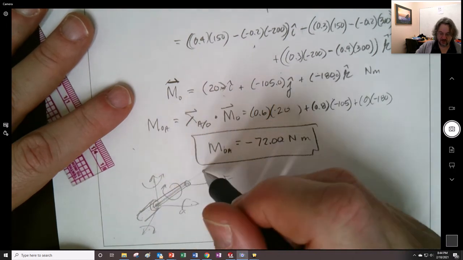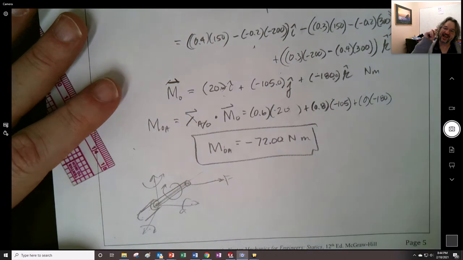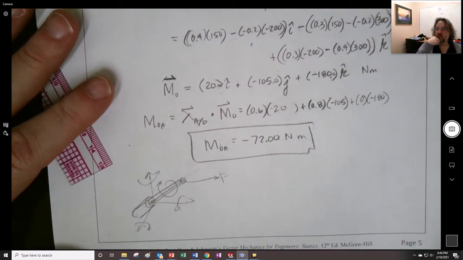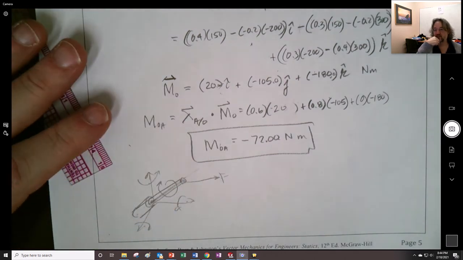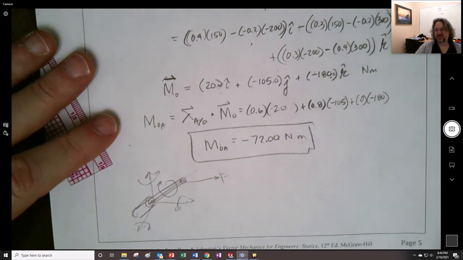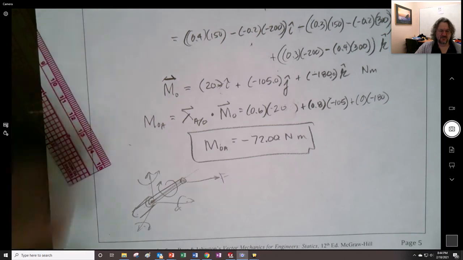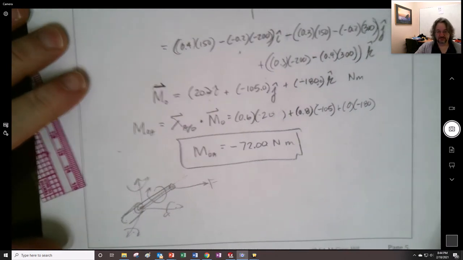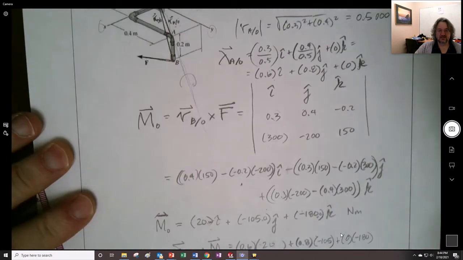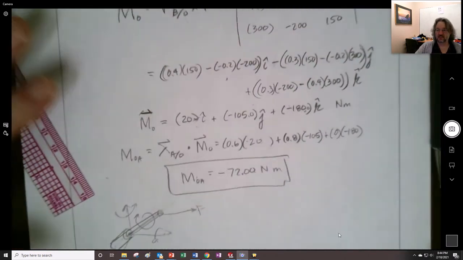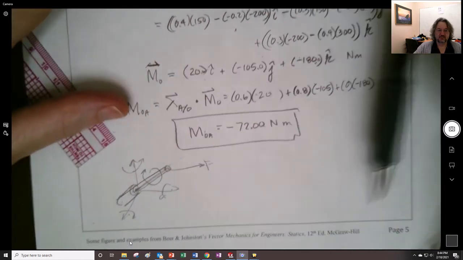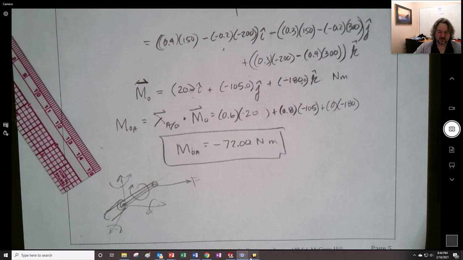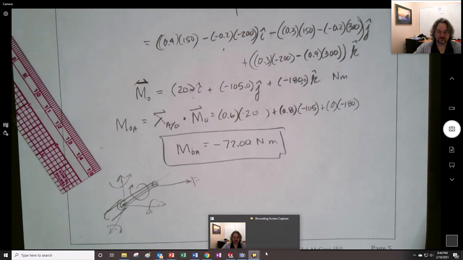But we really care about the moment happening along that line. So then you could just project it along the known distance. There might be a more straightforward way of doing that, but I don't know what it is. But I think this is a better example than the one that's in the book, and I can give you some justification for doing this, as opposed to just playing around with the math.